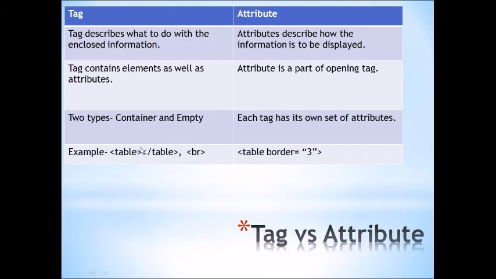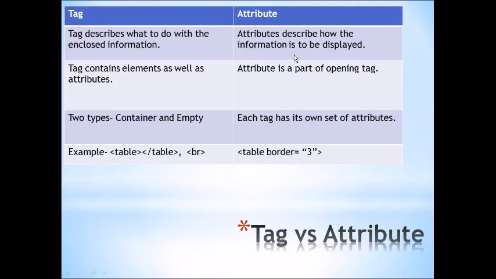So we have to write something in between them. Enclosed information means whatever is there in between the opening and closing tags. So what to do with that enclosed information? This tag describes. That means when we say table, whatever is there in between the opening and closing tags is displayed in a table.